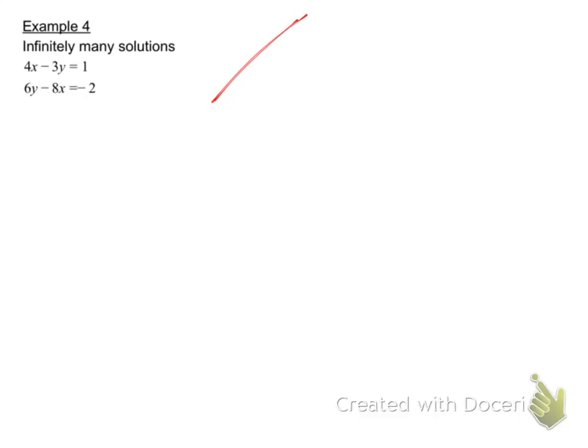Now, guys, we have to show the math behind this before we leave. The math behind this is the fact that these two equations are just multiples of each other. It's a little hard to see that sometimes, because the variables are switched around. But we got to use substitution.